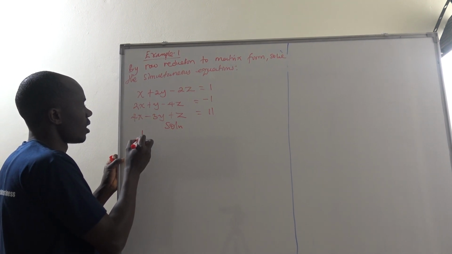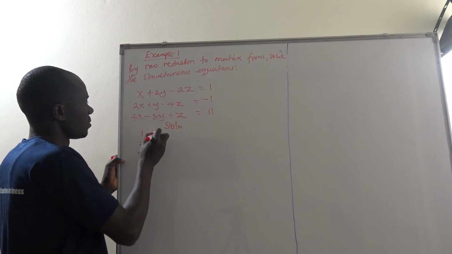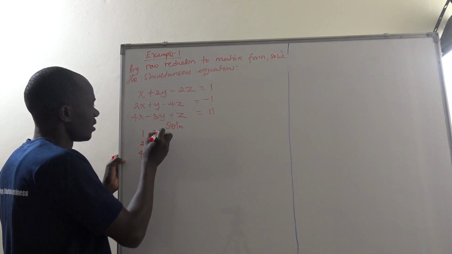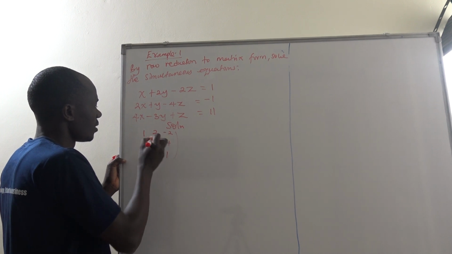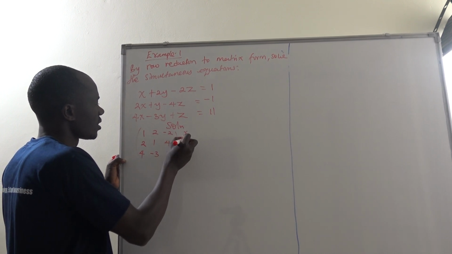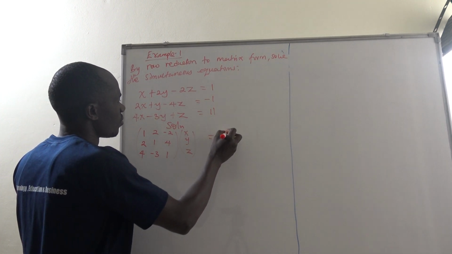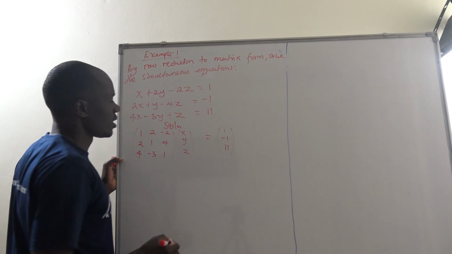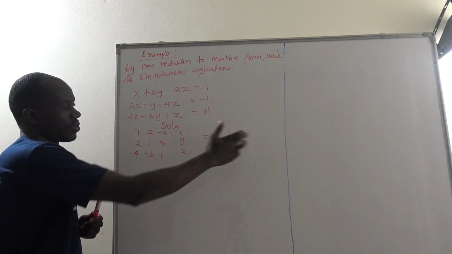This one becomes 1, 2, 4. This is 2, 1, negative 3, negative 2, 4, 1. We started with x, y, z equals 1, negative 1, 11. So you can see that one. Then from there, bring these ones here and take this one that side.